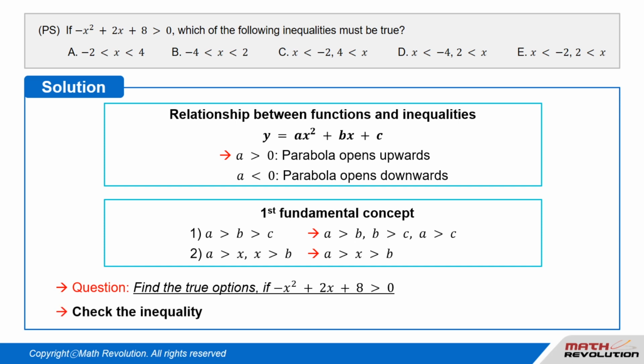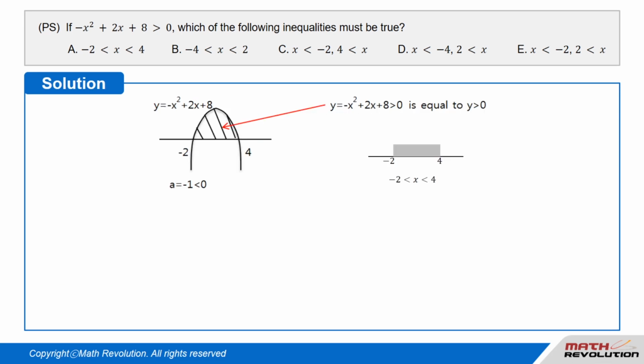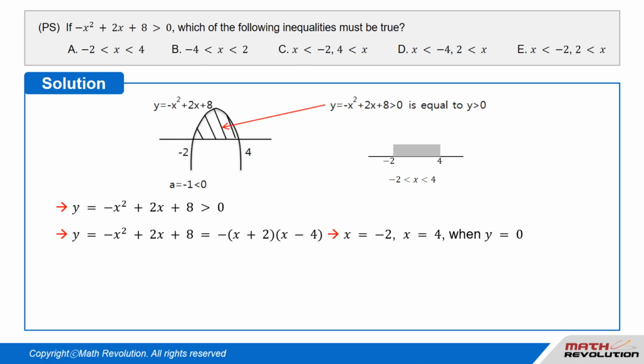Let us check the inequality. y equals negative x squared plus 2 times x plus 8 is greater than 0. The function y equals negative x squared plus 2 times x plus 8 equals negative (x plus 2) times (x minus 4), which means that x is negative 2 and 4 when y equals 0.